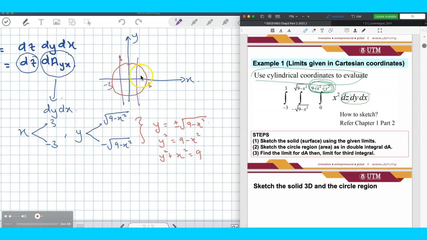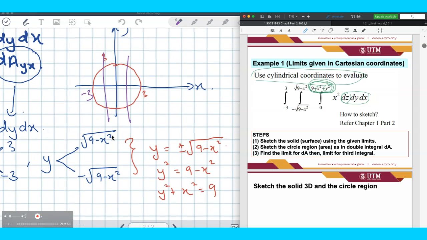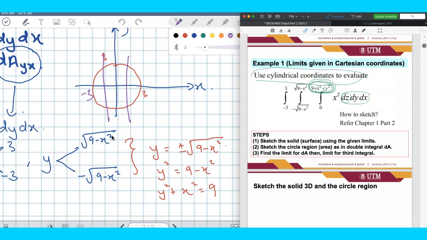So it looks like x can be negative and x can be positive. How about the y? Maybe you have to take note, maybe y only positive, or maybe y only negative, or y can be both. If you look at the vertical line that you sketch, the lower bound of y is negative square root.